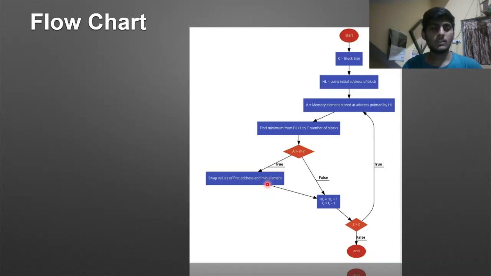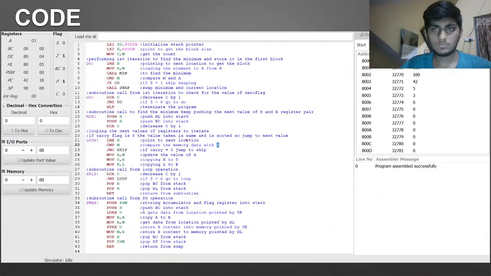Otherwise, the address pointed by HL register pair is increased by 1 and the count is decreased by 1. If all the numbers pointed by different memory addresses are covered, then this process is terminated. Otherwise, the process continues in the loop.